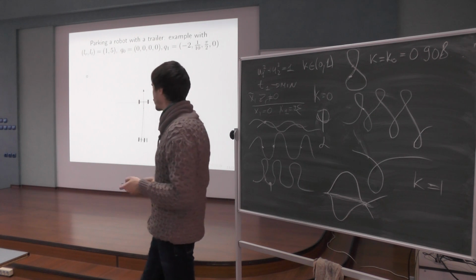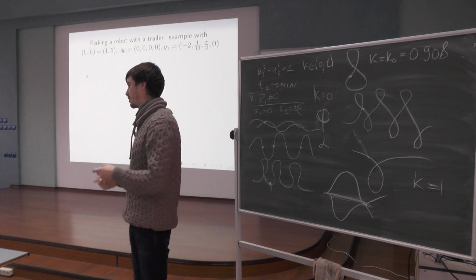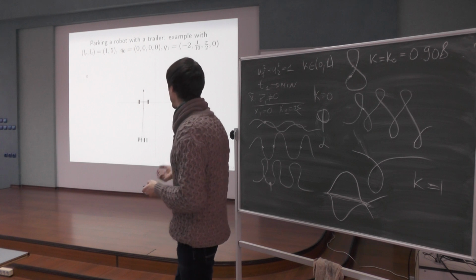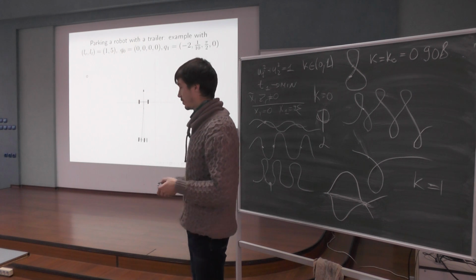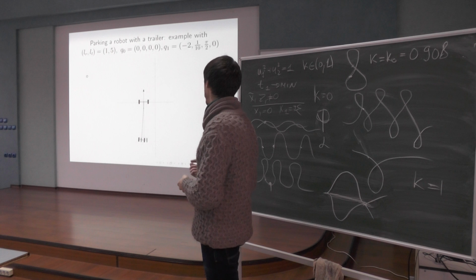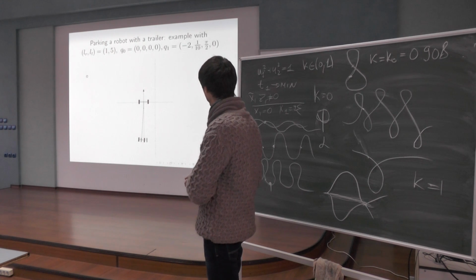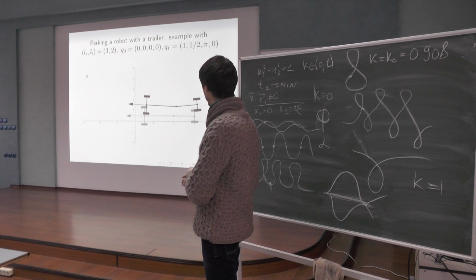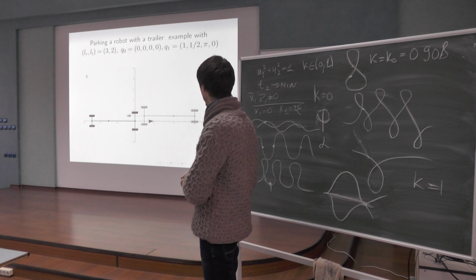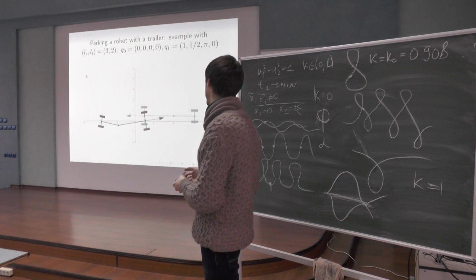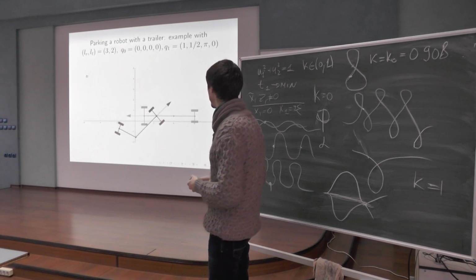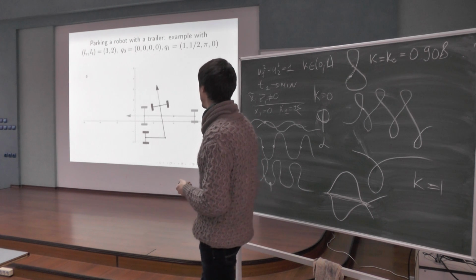But in real robotic systems, we have limits for the angle. So this should be solved in the future, and it will be done for the improvement of the algorithm.